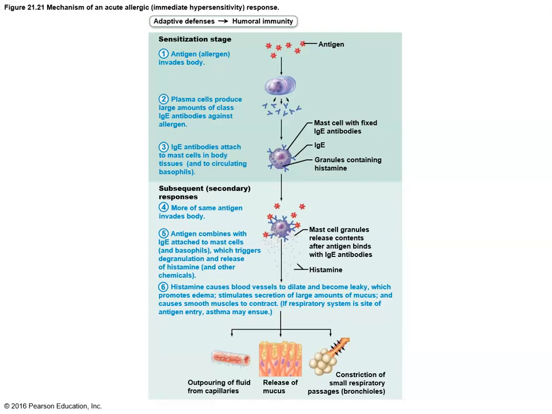And again, the capillaries become more leaky, so you have accumulation of fluid in the respiratory system. So the problems that you're experiencing, you might also have watery eyes, runny nose. That's because of increasing amounts of fluid in the system as well. Coughing is because of respiratory spasms in the bronchioles and the plugging up of mucus of the system.